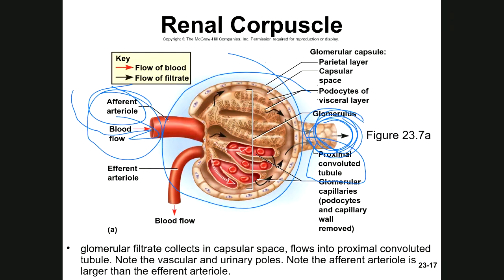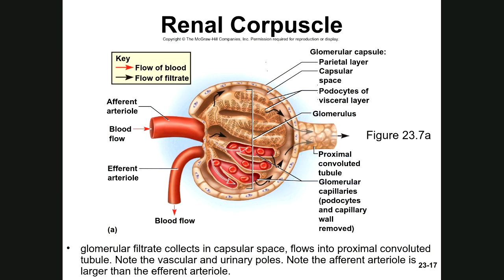Is it clear? Now, this area is very important too from the perspective of control of blood pressure. I told you in class several times that there are only two organs in the body that are capable of controlling their own blood pressure. The brain is one and the kidney is the other. The kidney can do that, especially at this level. How do they do that?